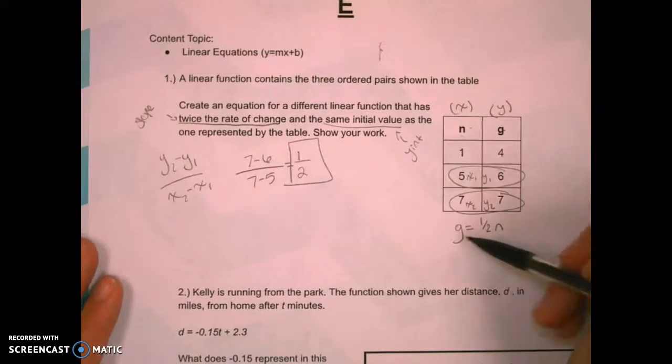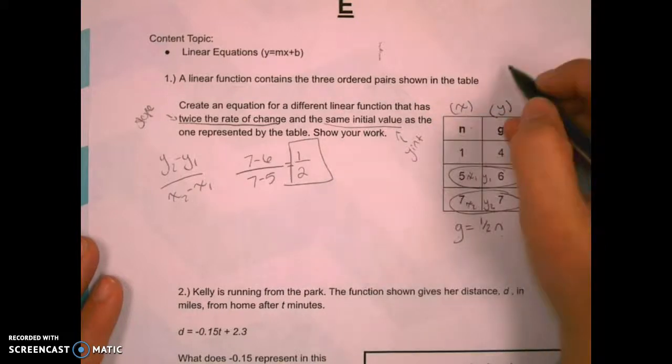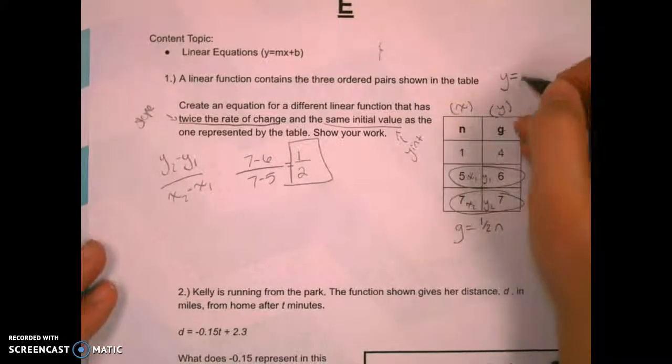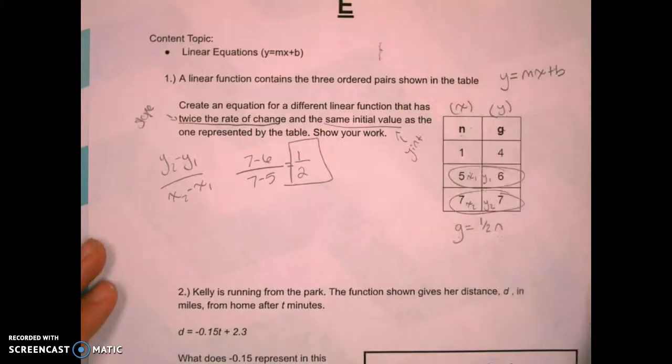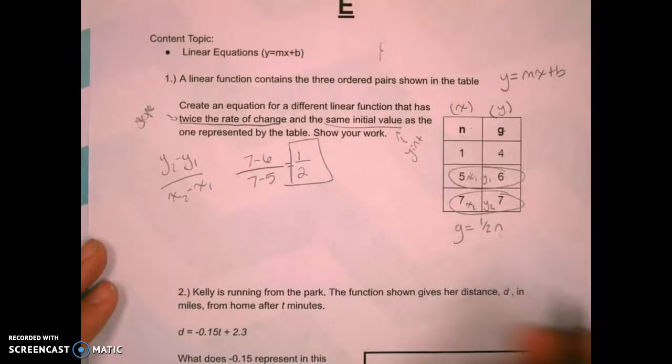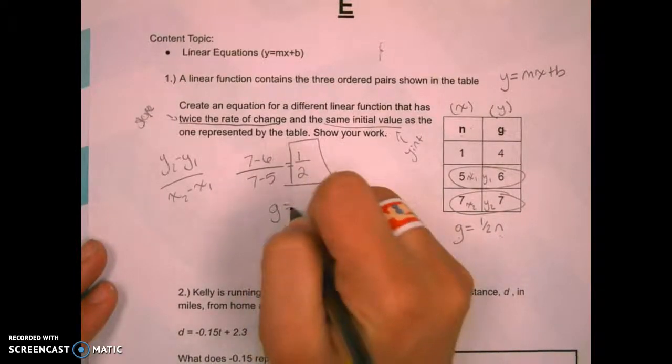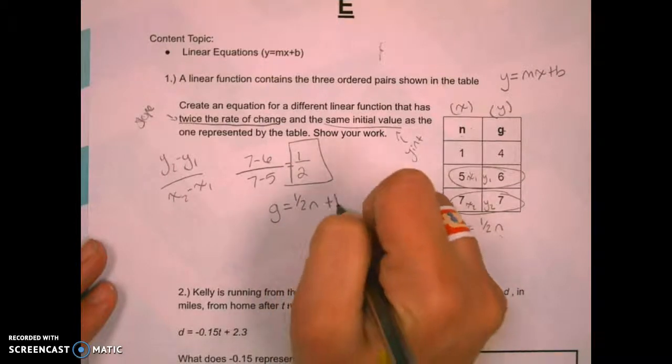So remember our slope formula, y equals mx plus b. So I'm going to basically match it up. I don't have a b, so I'm going to write g equals 1/2 n plus b.